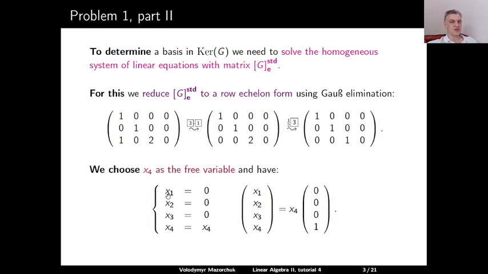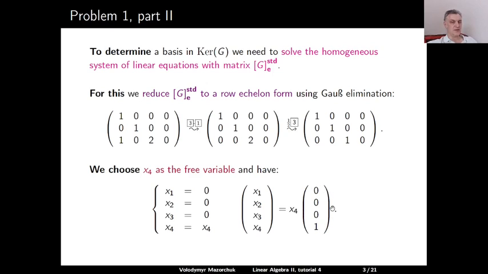The first equation says that x1 is equal to 0, the second says that x2 is equal to 0, and the third says that x3 is equal to 0. For the free variable x4, we add the trivial equation that x4 is equal to x4. Rewriting this in vector form, the vector x1, x2, x3, x4 is equal to x4 times the vector 0, 0, 0, 1.